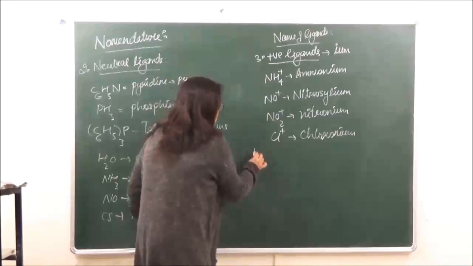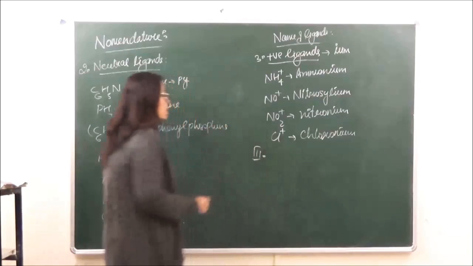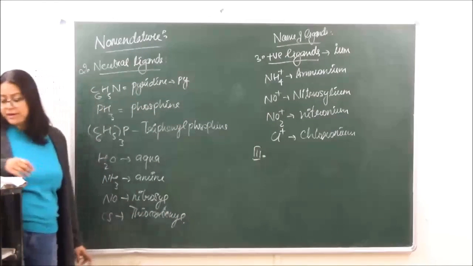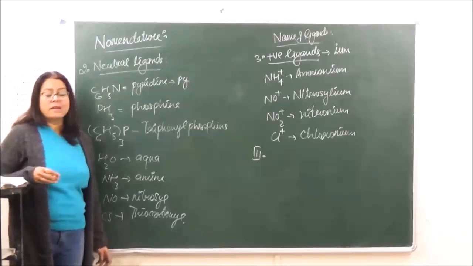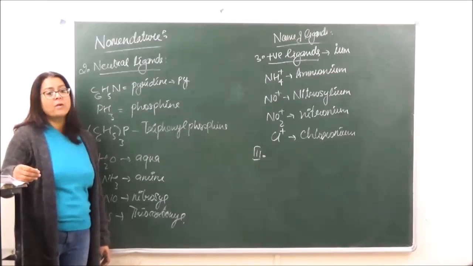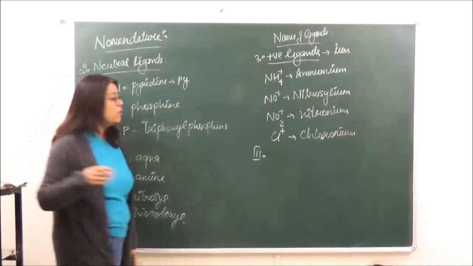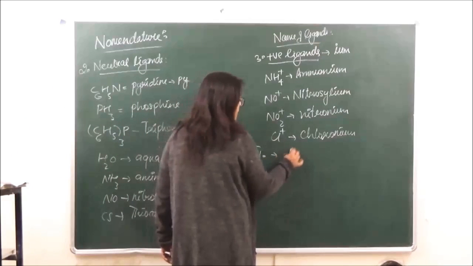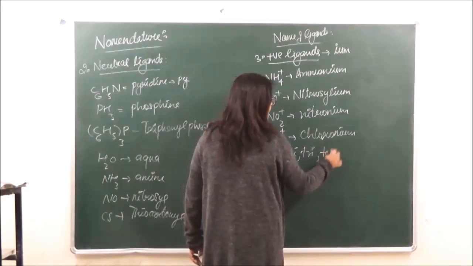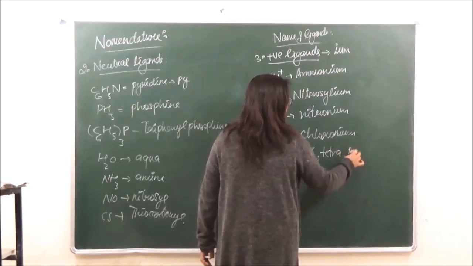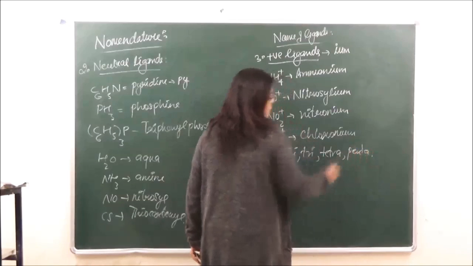After that, the third rule which we are going to follow over here is that if the number of any particular ligand is more than one, then we use the Greek prefixes like di, tri, tetra, penta, hexa and so on.